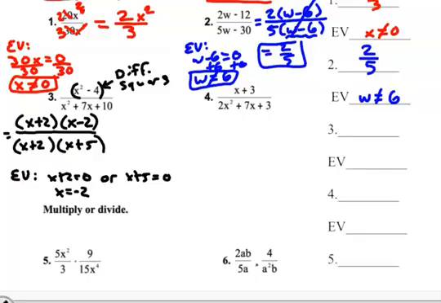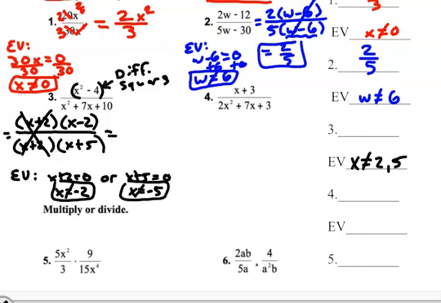One is if I plugged in a negative 2, so x is not allowed to be negative 2. The other is if I plugged in a negative 5. So those are my two excluded values in either order. After I've done that, I can cross off the x plus 2's, and I'm left with my answer: x minus 2 on the top, x plus 5 on the bottom.